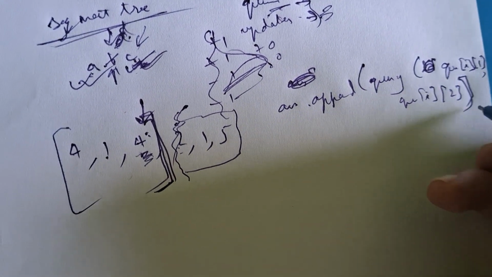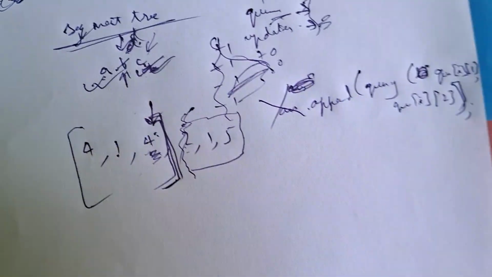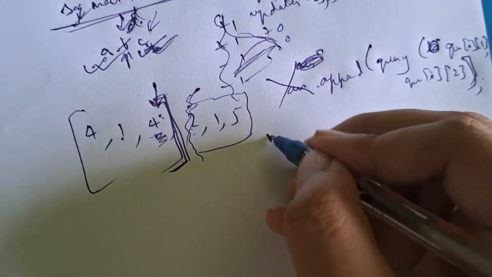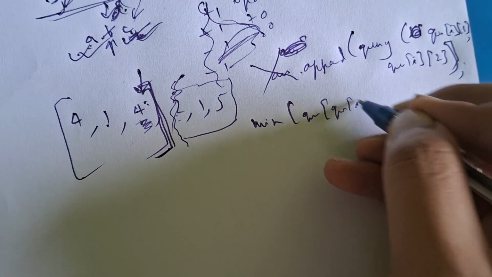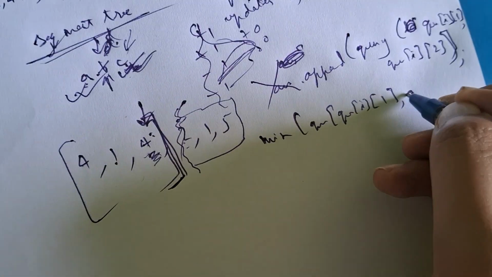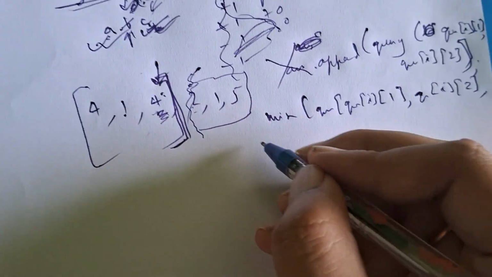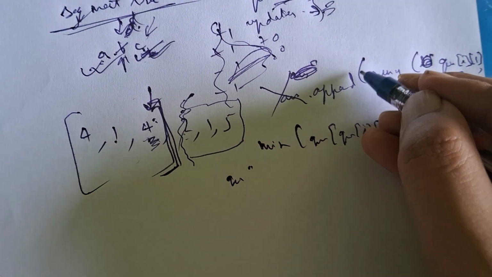This is initially what we could have done, but this won't work here. Over here what we have to find is the minimum of queries I1, query I2, and then query. This is the segment query.